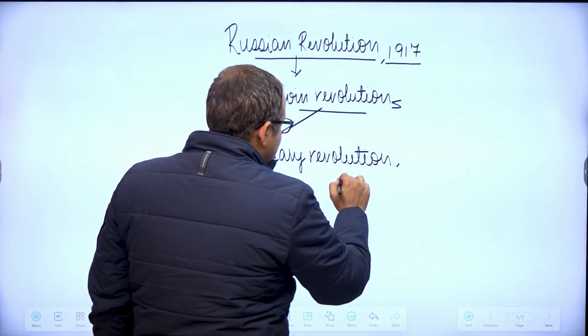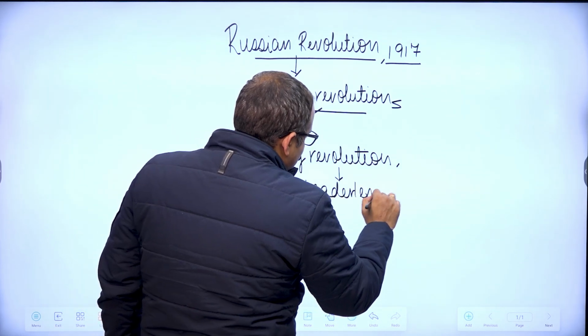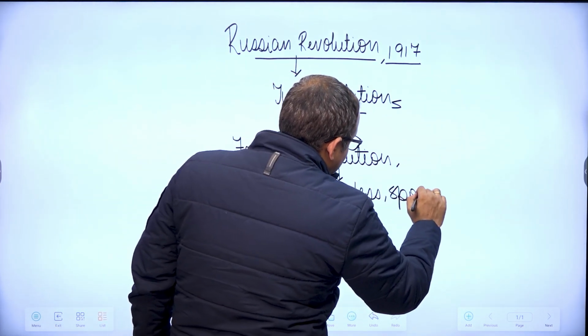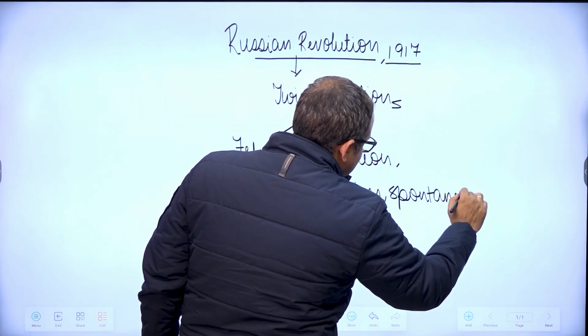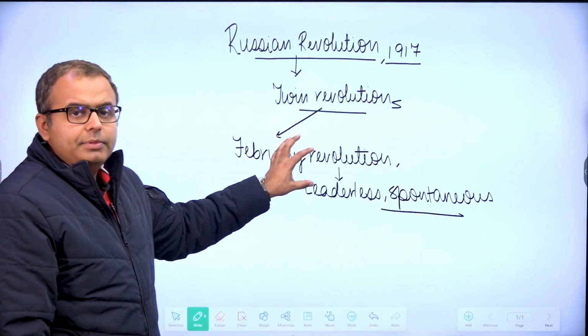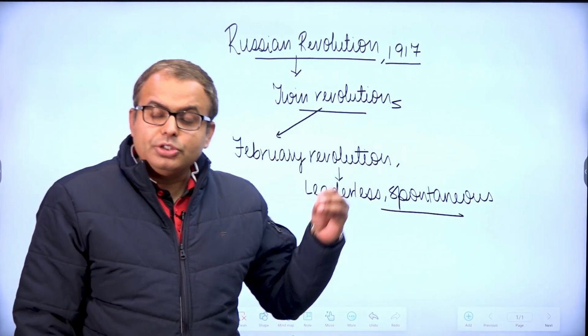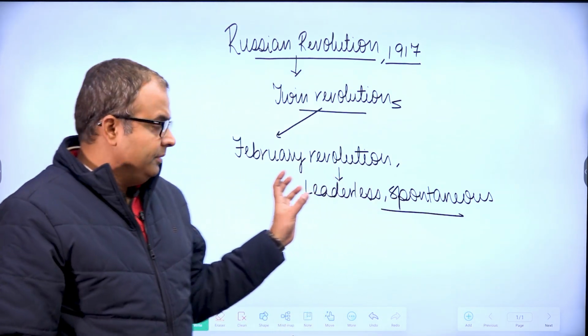The February Revolution was leaderless. Some also believe it was a spontaneous, unplanned revolution. However, the Bolsheviks claim that there was considerable political mobilization and ideological groundwork done by them.